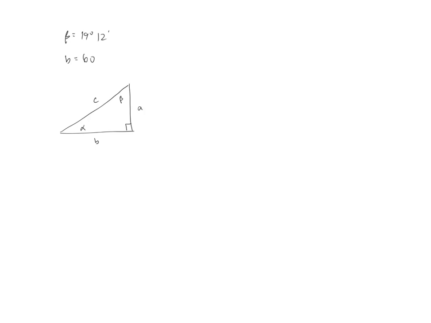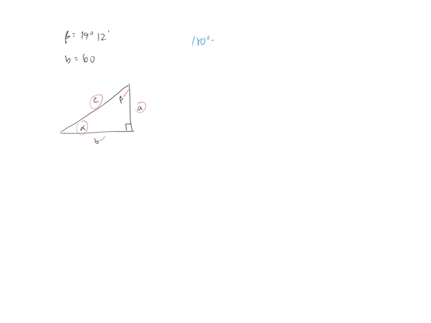And so you can see we are given beta, we're given B, but we still need to find A, C, and alpha. Now, probably the easiest one to find is angle alpha. We know that there's 180 degrees in a triangle, so if I take 180 degrees minus the 90 degrees minus the given beta, that's going to leave us with alpha.